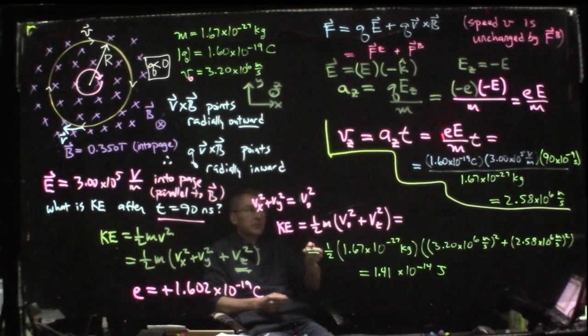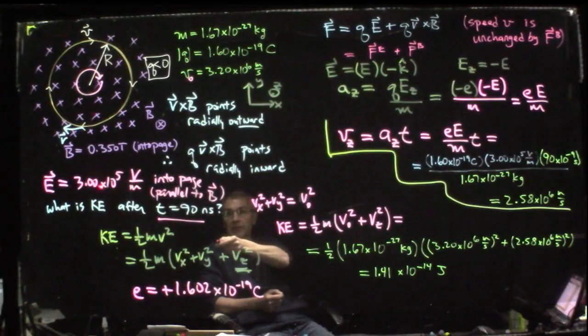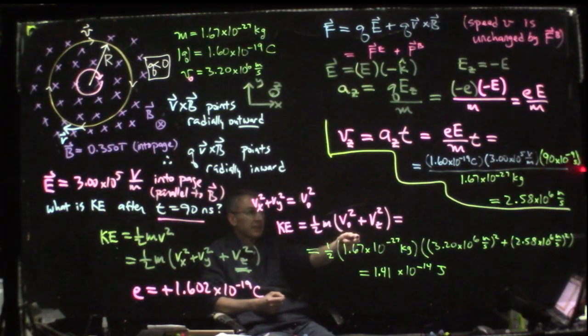Okay, so if you multiply this out, the charge on a proton times the z component of the electric field, that's the only component, times this 90 nanosecond number, divided by the mass of a proton. So there's 1.60 times 10 to the minus 19 coulombs, 3.00 times 10 to the 5 volts per meter, that's the electric field pointing into the page, and 90 nanoseconds.